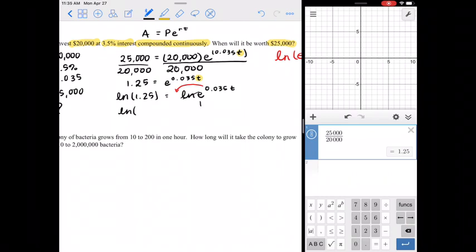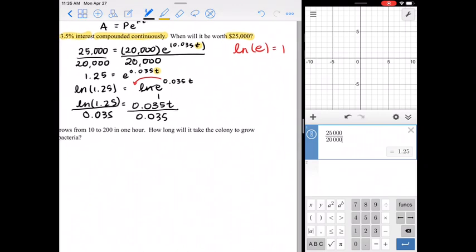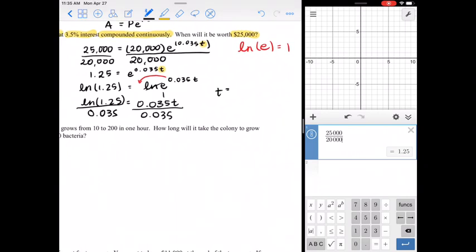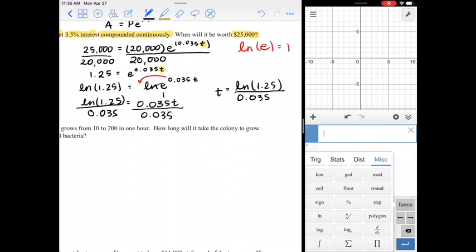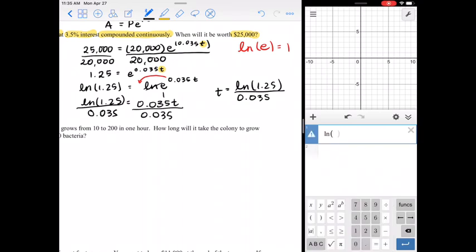So we have natural log of 1.25 is equal to 0.035 T times 1, right? It's just itself. So if I want to solve for T, you divide both sides by 0.035. So in your calculator, here's what we're going to be putting: natural log of 1.25 divided by 0.035. So you go into Desmos. Natural log is in the functions thing.